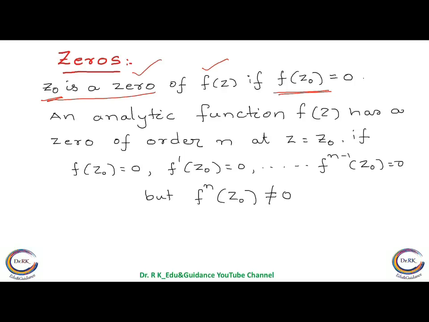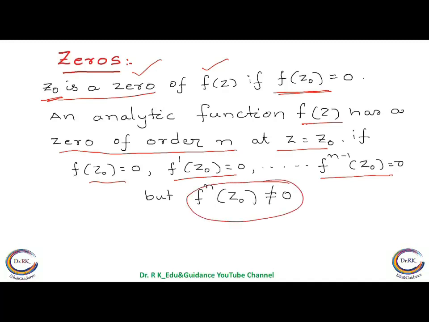Suppose f of z is analytic and it has a zero of order n at z equal to z naught. What does it mean? Then f of z naught becomes 0, f dash of z naught becomes 0, up to the (n minus 1)th derivative at z naught becomes 0, but the nth derivative at z naught is not equal to 0. Then it is called a zero of order n.